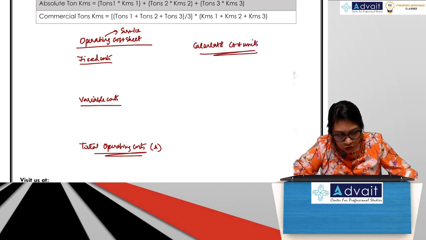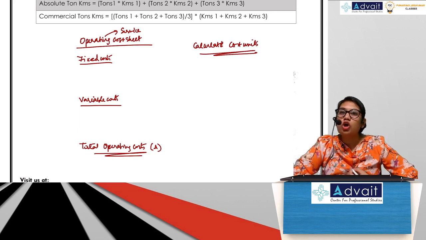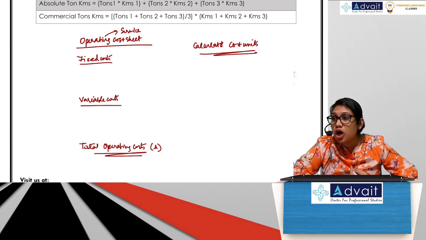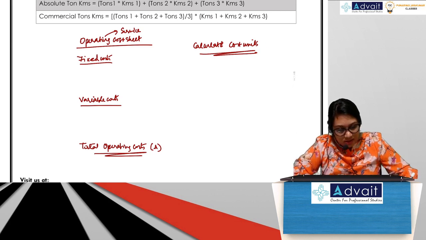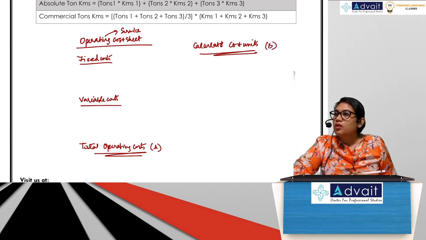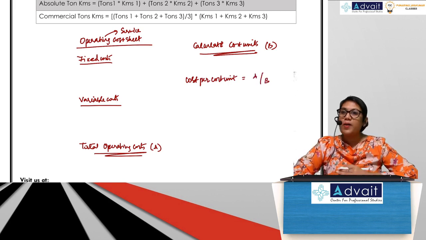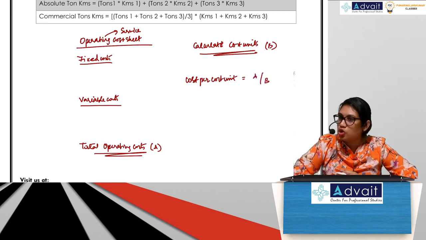You will calculate cost units. So you will have to figure out in the problem what the cost unit is. Say that is B. Then what will you calculate? Cost per cost unit. How? Total cost by total cost units.